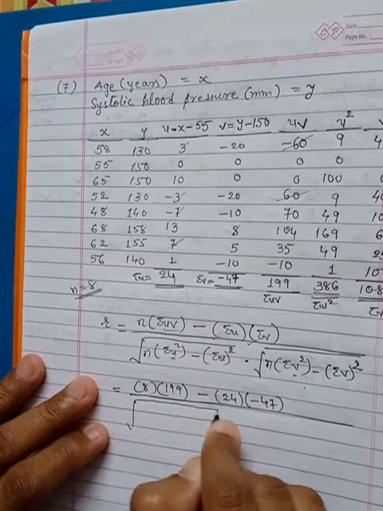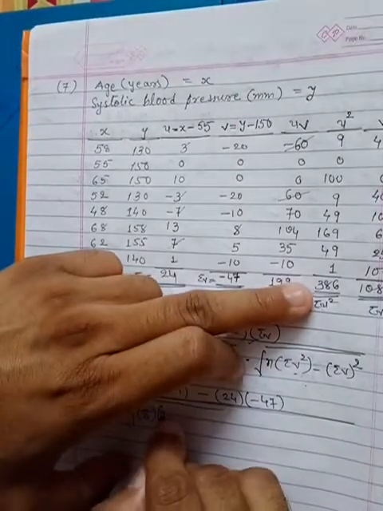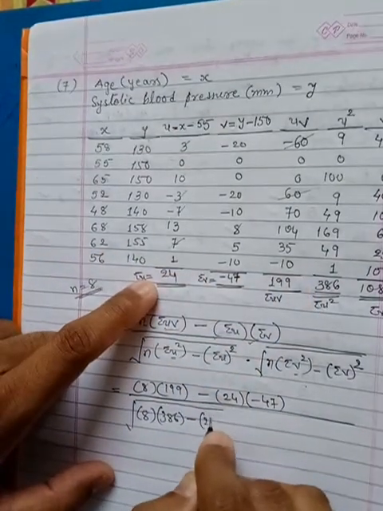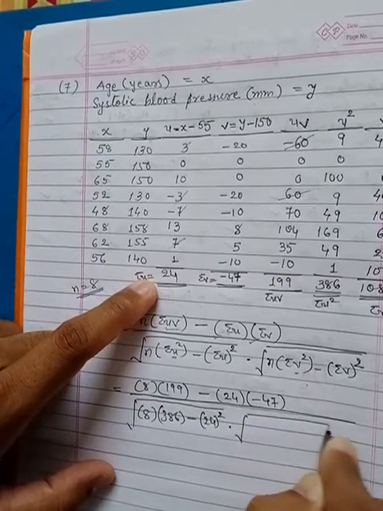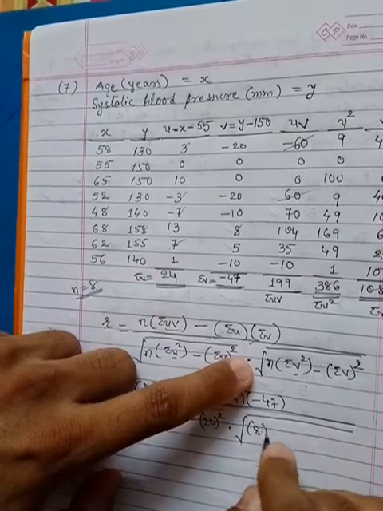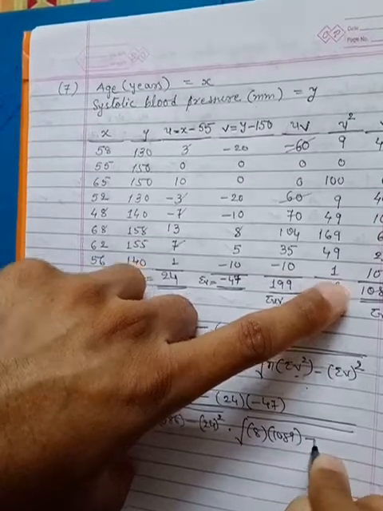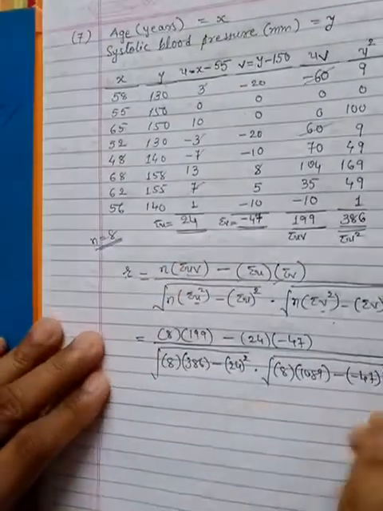Divided by the first root, n is 8, sum of u square 386, minus sum of u, 24, the whole square, into another root, n is 8, sum of v square is 1089, minus sum of v, minus 47, the whole square.